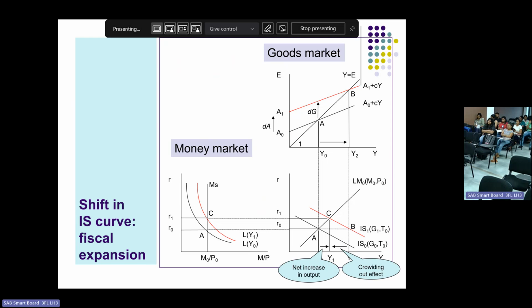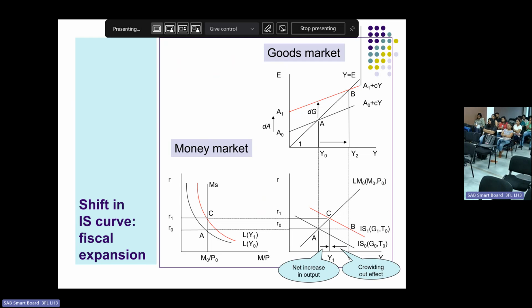Now, moving from point B, the equilibrium point, the interest rate rises from R0 to R1, so income is reduced from Y2 to Y1.